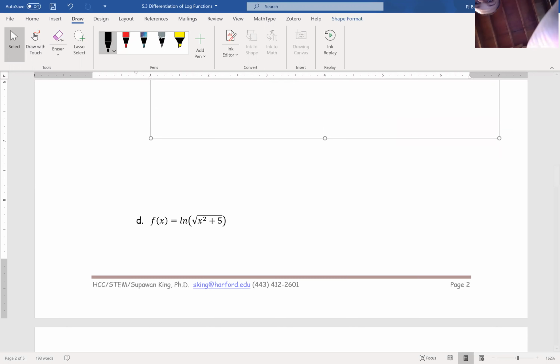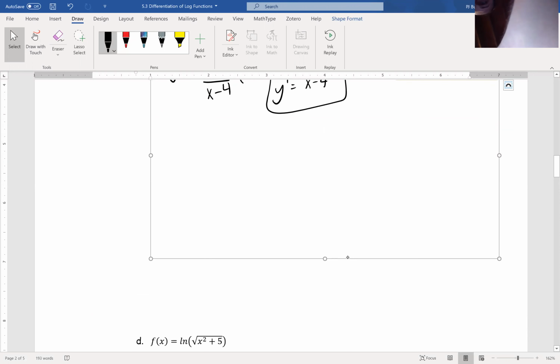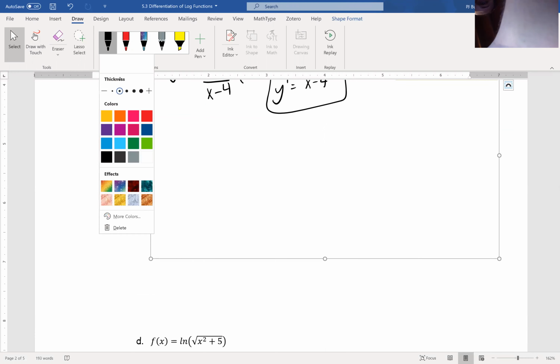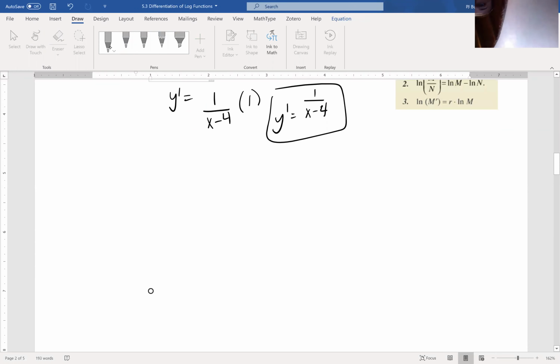All right. So let's look at D here. Maybe my pen's dying. But considering we only have 10 minutes left, I don't want to have to start over. All right, let's see if I can do it this way.